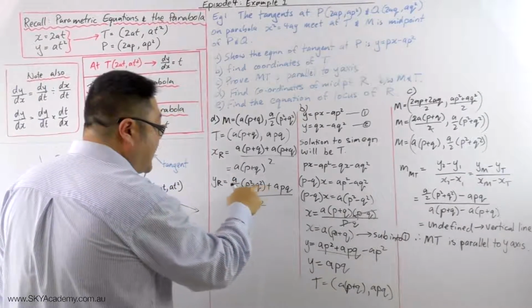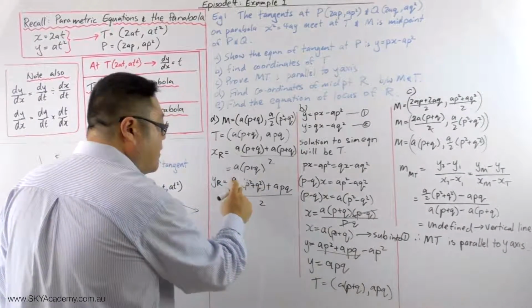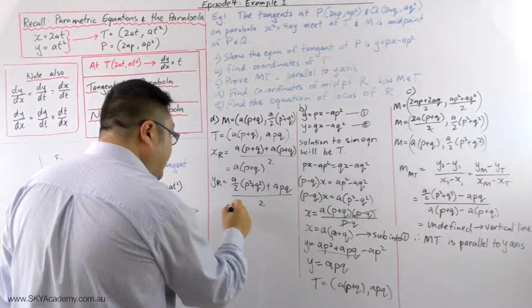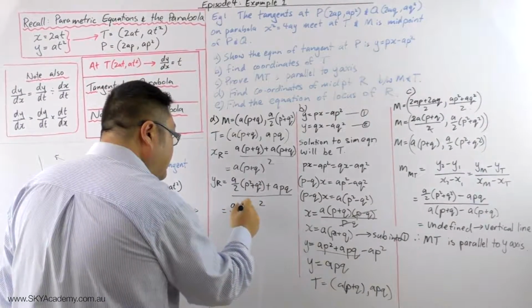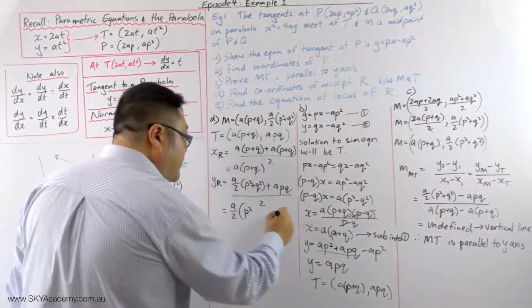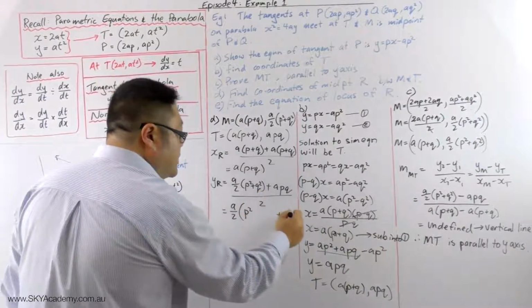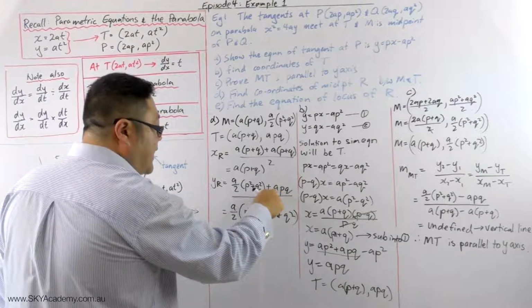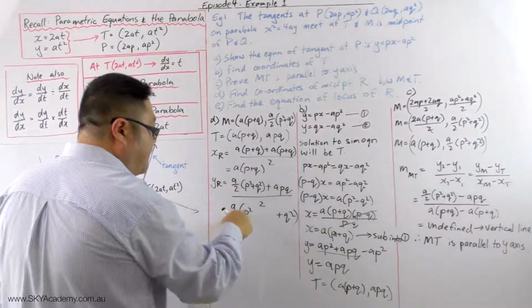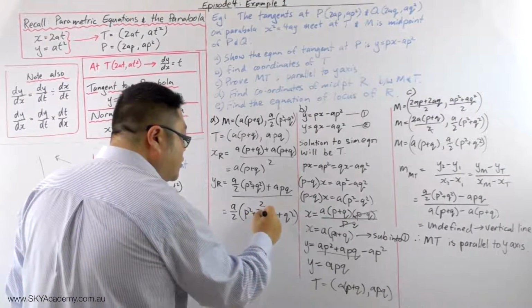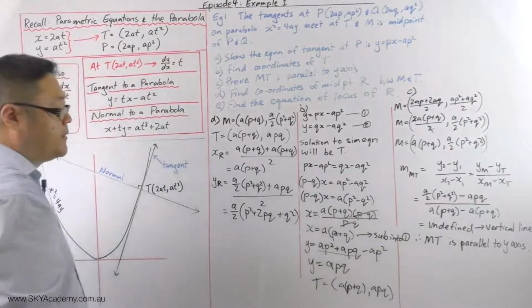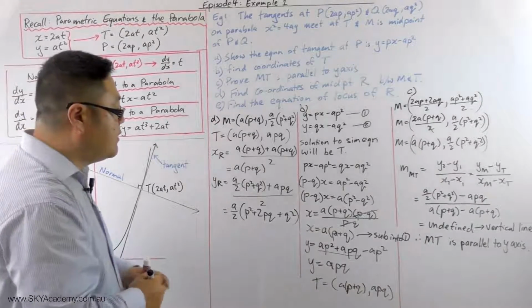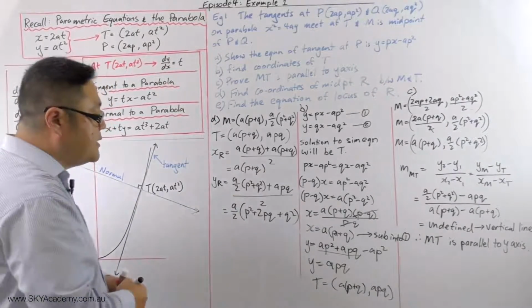I'm going to take out the half a. Let's take out a over 2, and you're left with p squared on this side, you're left with q squared on this side, which is basically this q squared over here. And if you take out a here and a half there, you're left with adding 2 lots of pq there. Does that make sense?